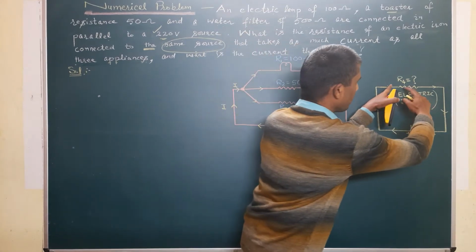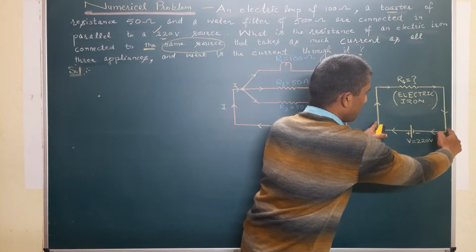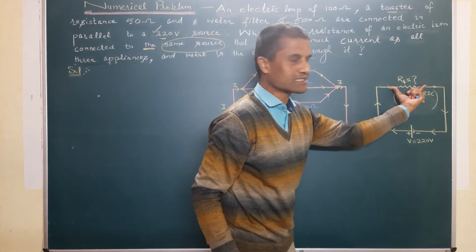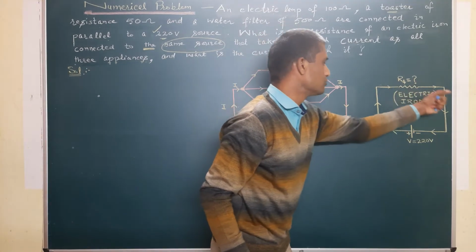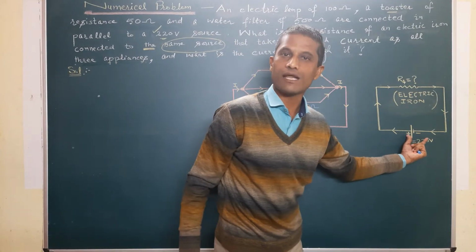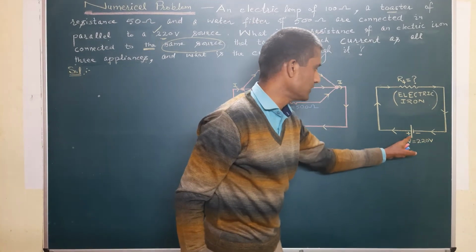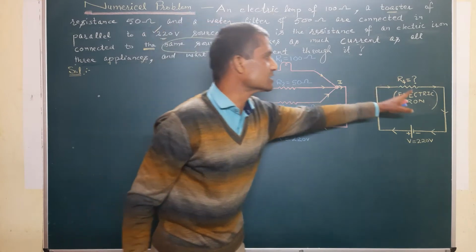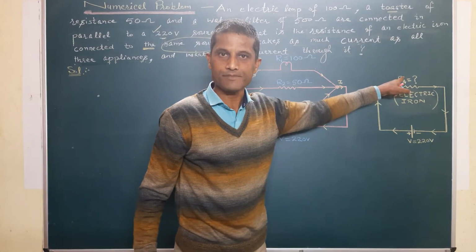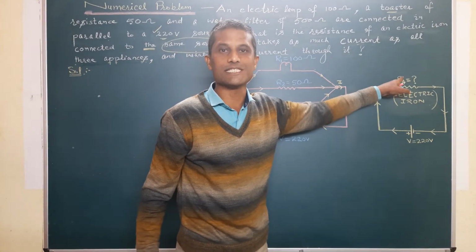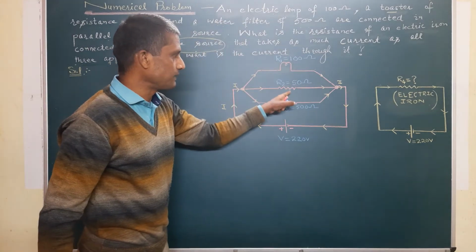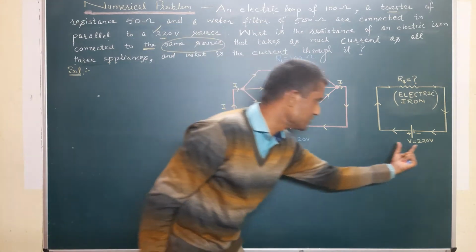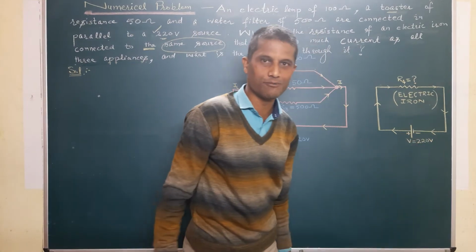We take a connecting wire and connect the two terminals of this resistance, the electric iron, to the two different terminals of the battery, one positive and another negative. The same source means this electric iron will get the same voltage received by these three resistors, that is 220 volt. There you are, V is equal to 220 volt.